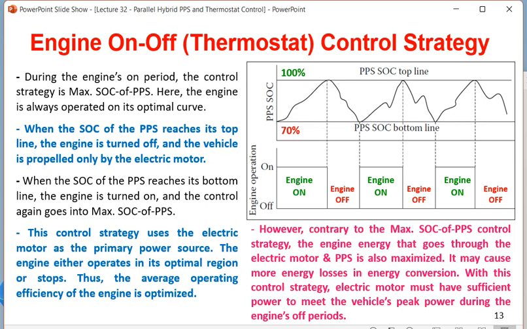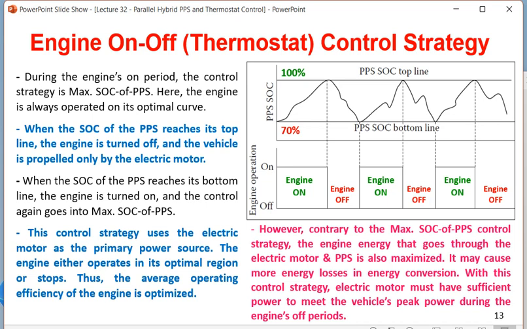Hence, the engine energy that goes to the electric motor and PPS is also maximum. It may cause more energy losses in energy conversion. With this control strategy, the electric motor must have sufficient power to meet the vehicle's peak power during the engine-off period. So you have to prepare both these questions, that is, what is max on-off control.